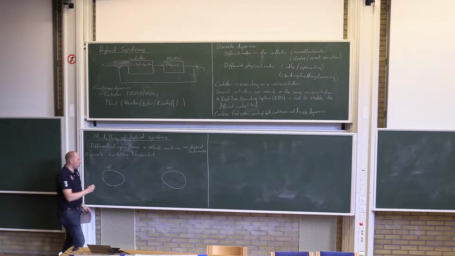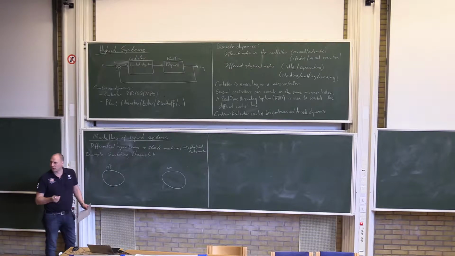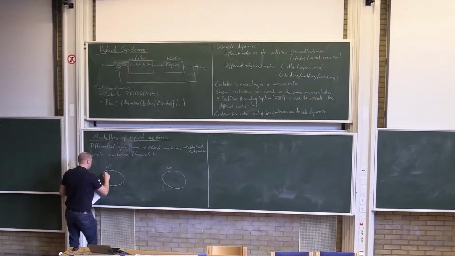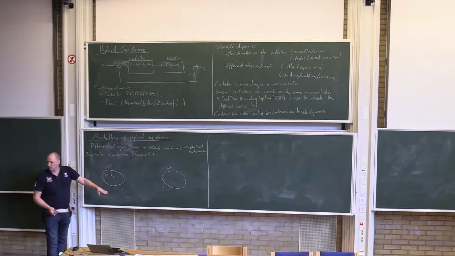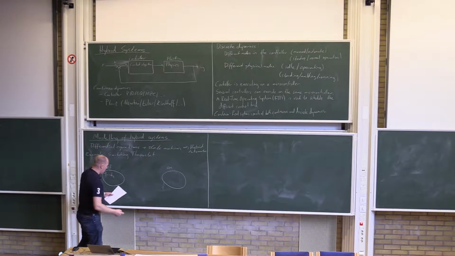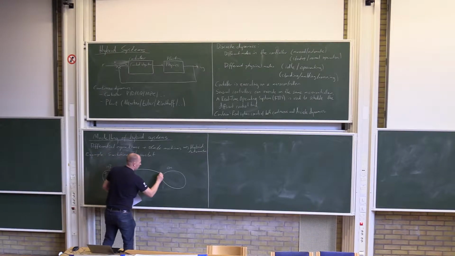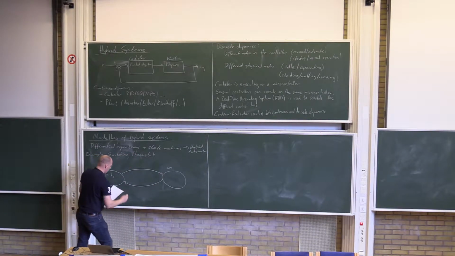Within each mode, we will have a differential equation that describes what will happen with the state variables. Let's say if it's off, in this case we will have a constant, T dot is equal to minus K2. It means that the temperature will drop at a constant rate. Okay, right? And then it can switch back and forth between the two modes.